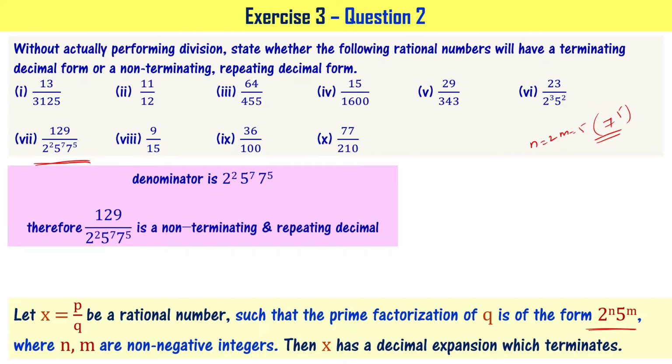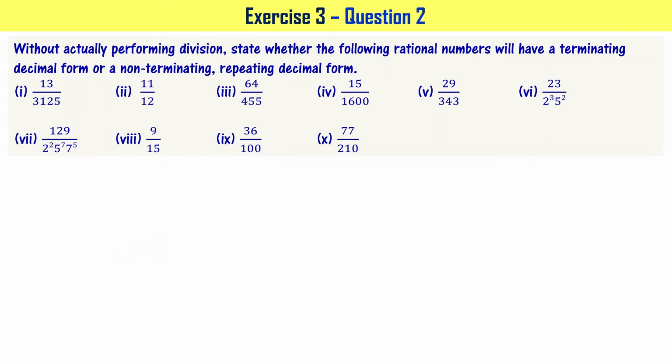Since the denominator has excess 7 power 5, we say that 129 divided by 2 square times 5 power 7 times 7 power 5 is a non-terminating and repeating decimal. Got it? Now let's look at this 9 by 15.